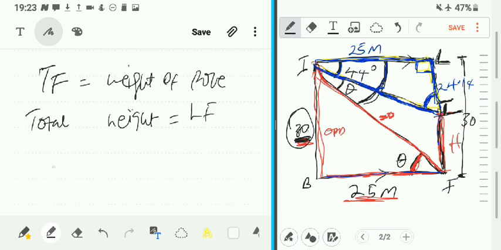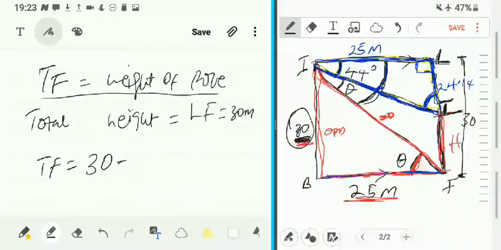So to get TF now, TF is just equal to what? 30, that's the total height, minus what? Total height is LF, and that's 30 meters.